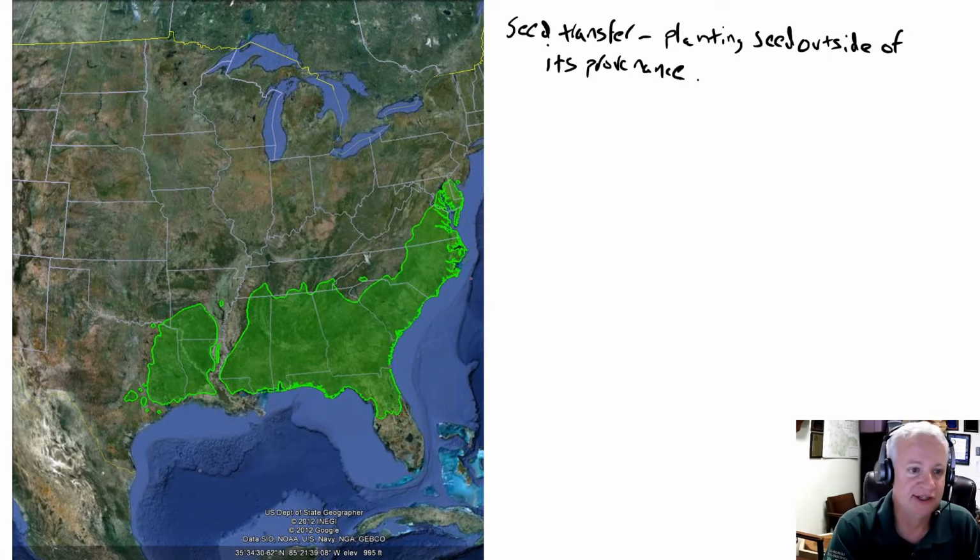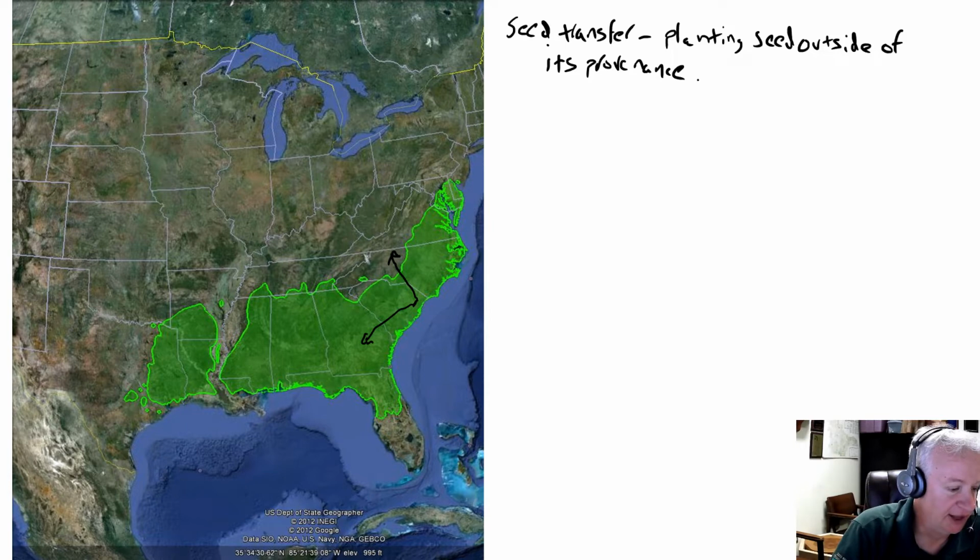Okay, so for instance, taking seed that naturally derives from here, this is the Loblolly Pine range, and planting it here would be seed transfer. Taking that seed and transferring it here would also be seed transfer. So seed transfer counts, whether it's within the natural range of that species or transferring it outside the natural range of that species.